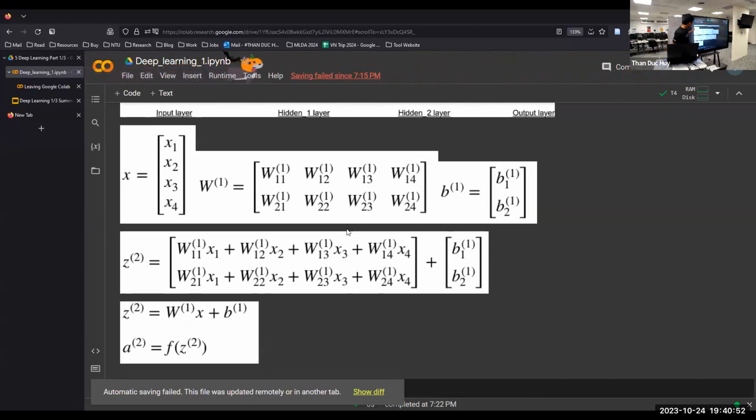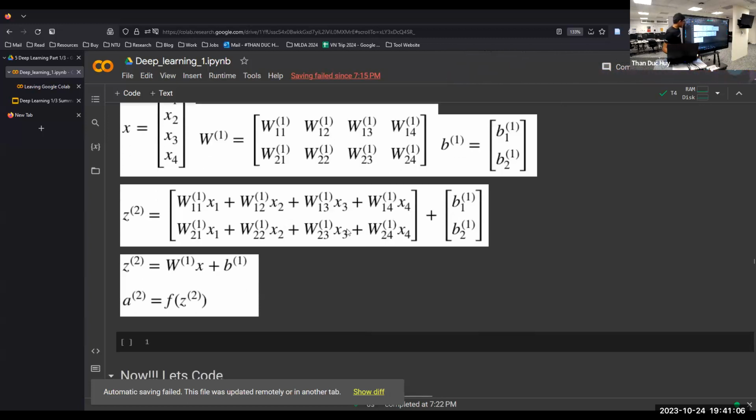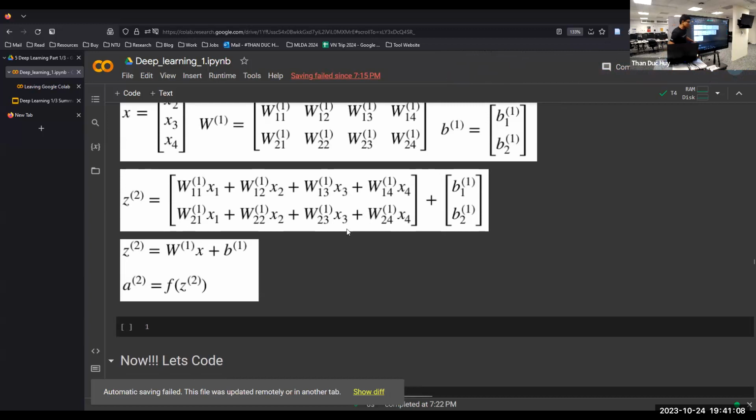So we've multiplied this with this, and we've added the bias. Now, as you can see, the first row belongs to the first perceptron, and the second row belongs to the second perceptron. And then you send it through F, which is the activation function, to get A2.